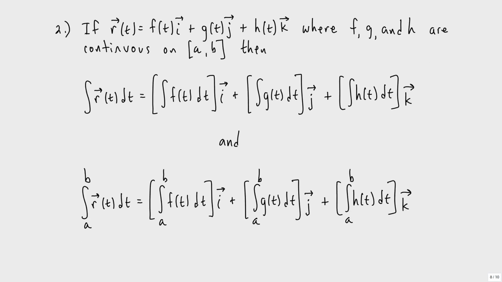And then if it's got three components, you just extend it to include the third component. So you just do the antiderivative of h, or the Riemann sum of h from a to b. So again, no surprises there if you extend it to three component functions.